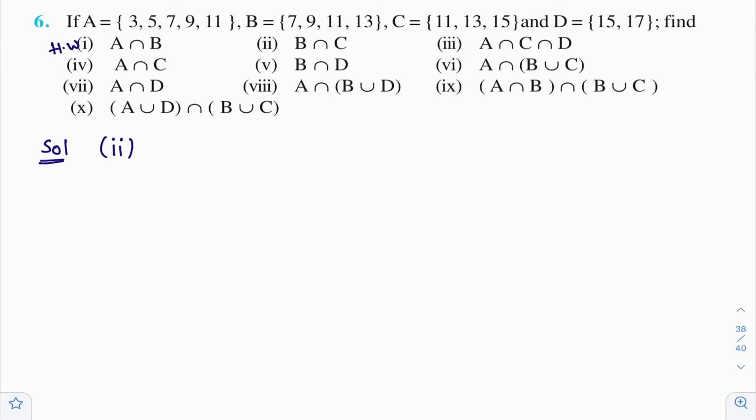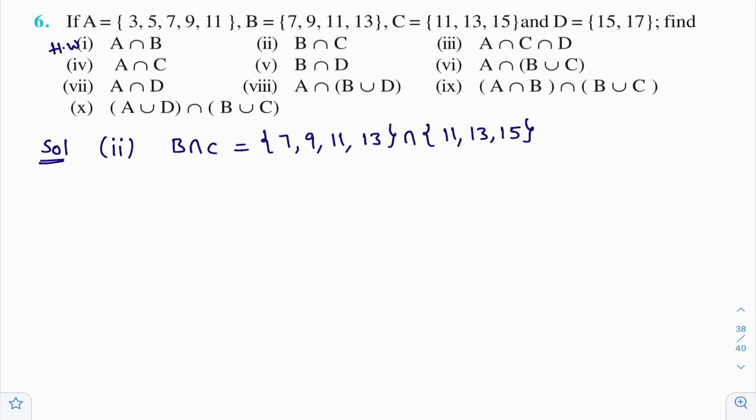What is the second bit? B intersection C. What is set B? Set B is 7, 9, 11, 13. Intersection, here C is there. B intersection C we are calculating, right? What is set C? 11, 13, 15.